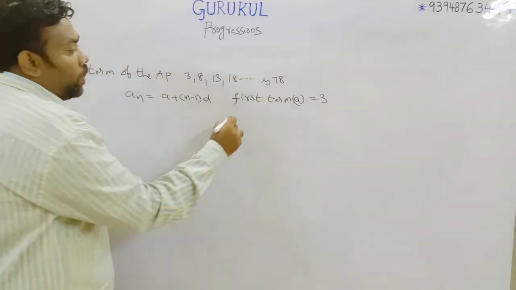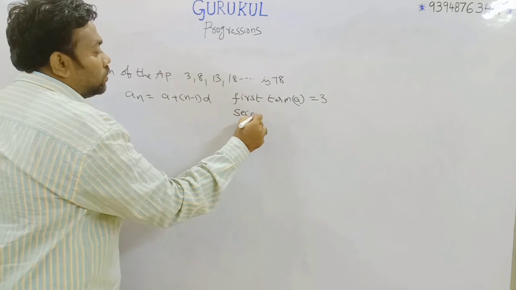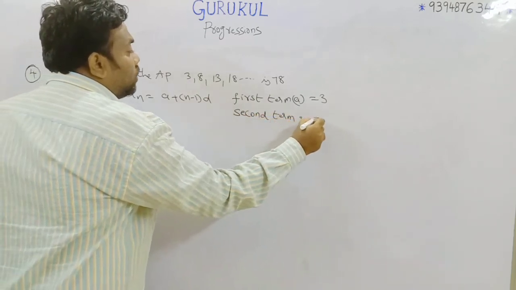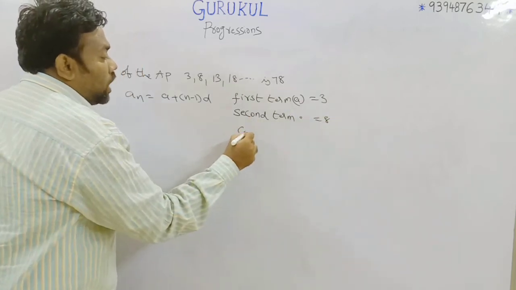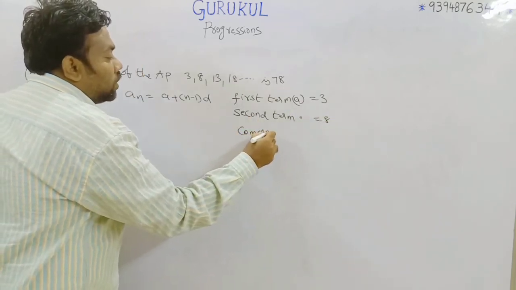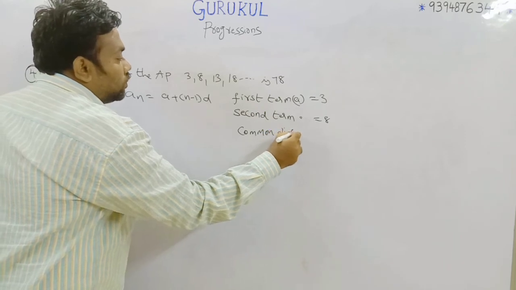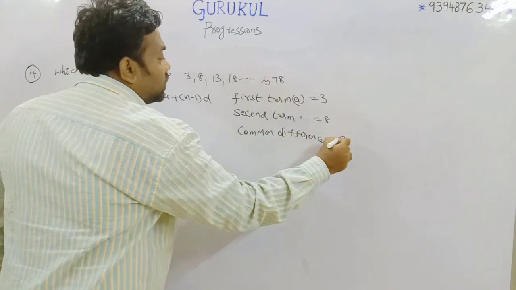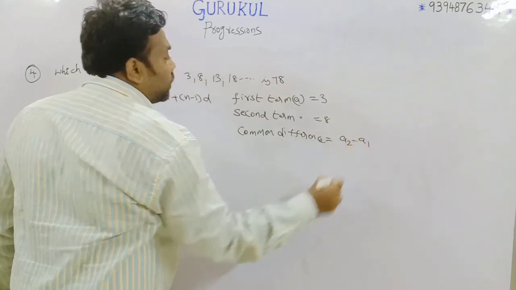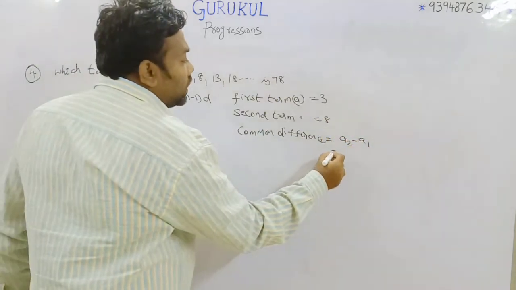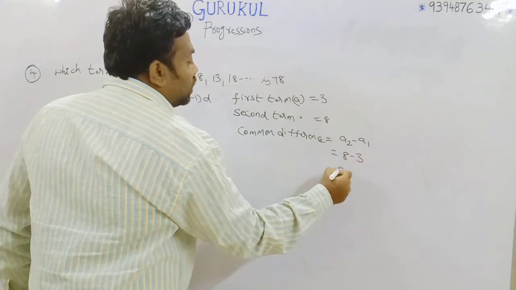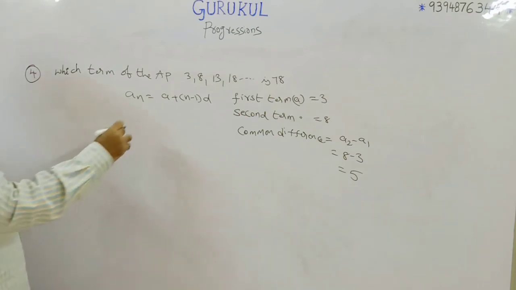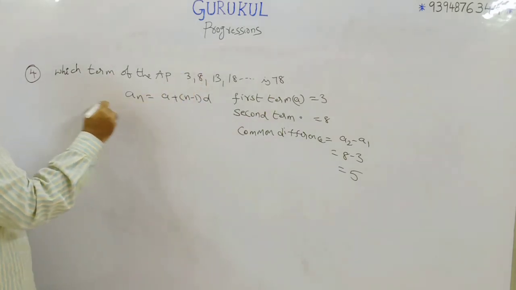Second term equal to 8. So common difference equal to second term minus first term, a2 minus a1, 8 minus 3 equal to 5.